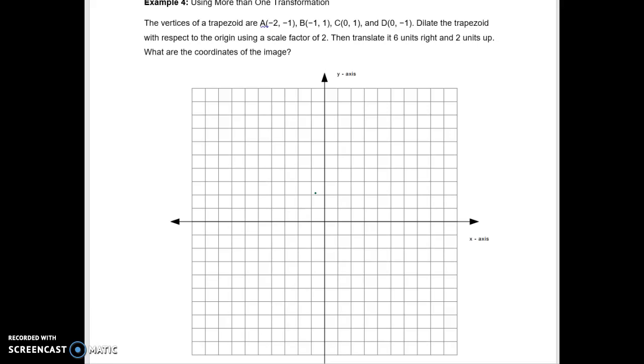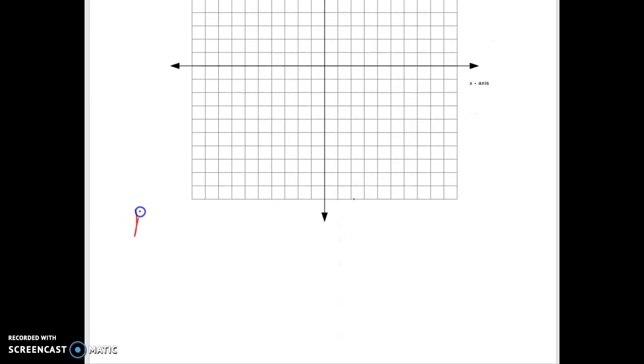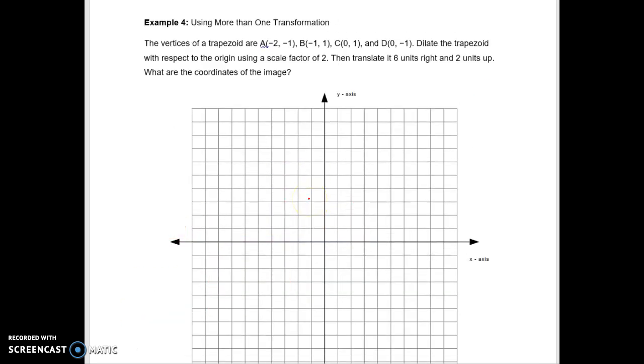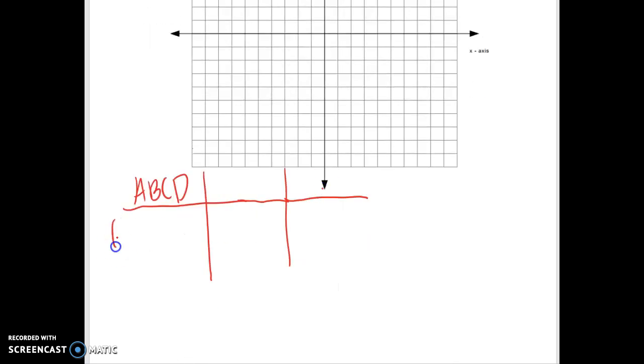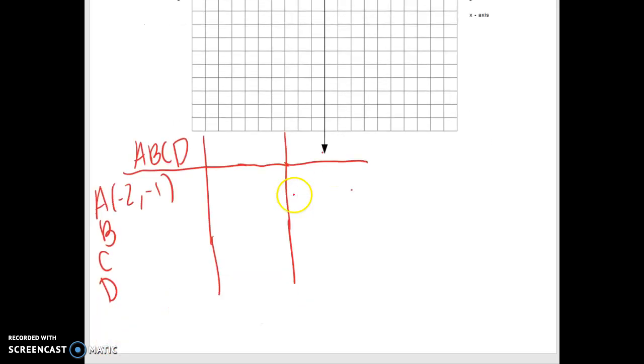So then this is our last one. We have a trapezoid. Okay, so we have A, B, C, D. I'm just going to go ahead and make 3 columns. My A is -2, -1. My B is -1, 1.